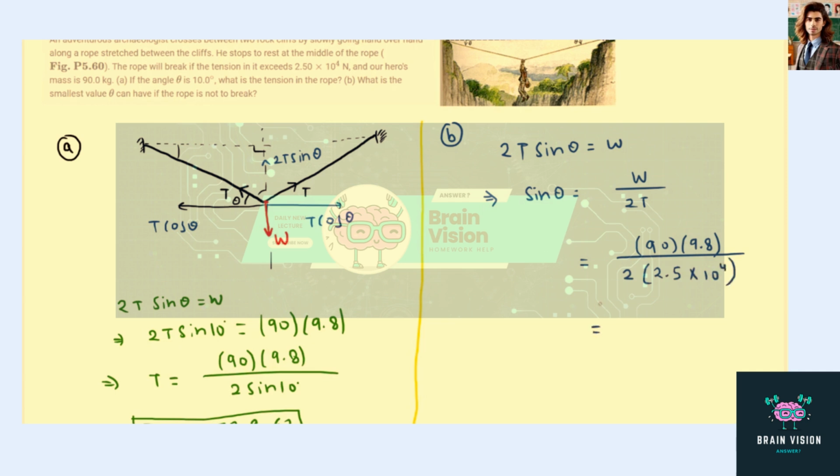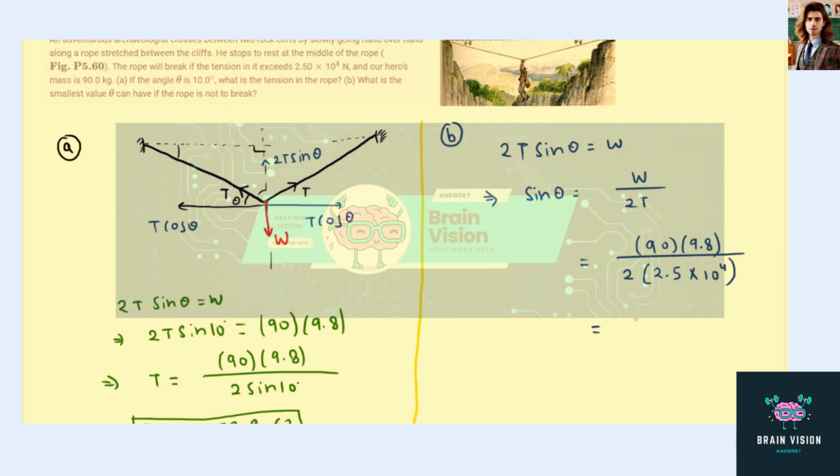So let me grab my calculator again. Over here we're going to get 90 times 9.8 over 2 over 2.5 times 10 raised to 4, and sine inverse of this is going to come out as, let me just redo it. 90 times 9.8 over 2 over 2.5 times 10 to the power 4.